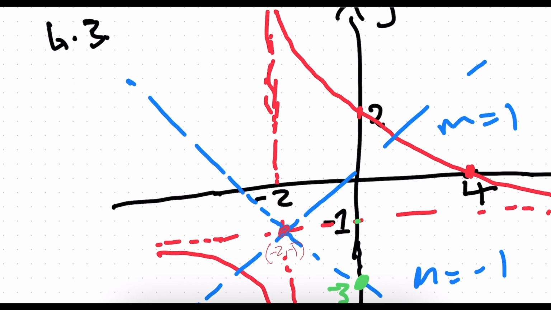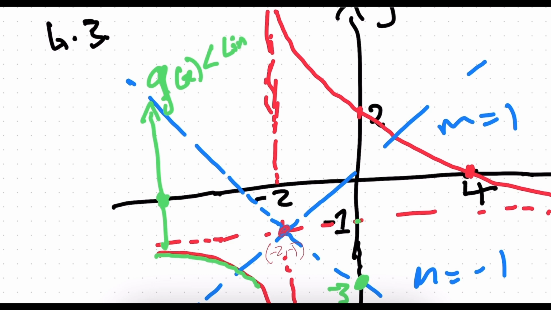So if you take an x value, you know that your line of symmetry will have a y value that is greater than that of the graph. So g of x is less than the line, from this x value all the way downwards.